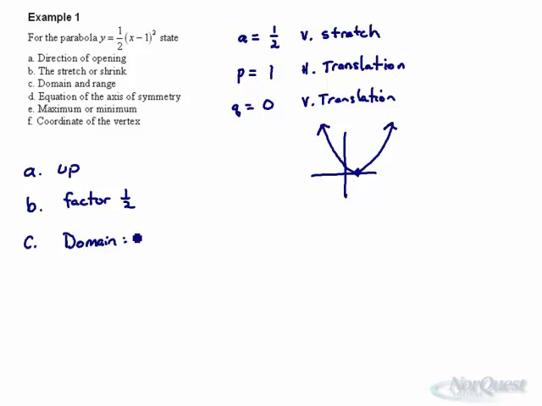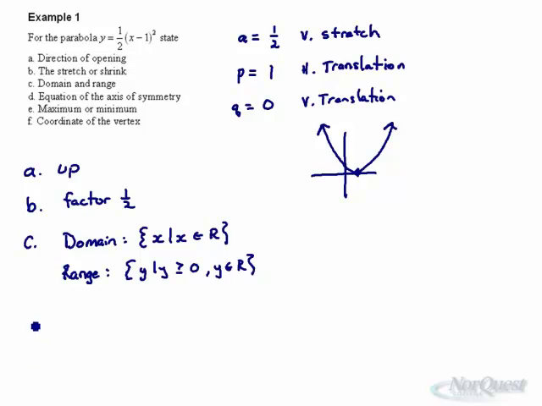So the domain, we already know that with quadratics, they go forever left and right, so it's x is an element of the real numbers. The range of this graph, since it starts at 0 and goes up, our range will be y such that y is greater than or equal to 0 and a real number. That's where the sketch really helps.